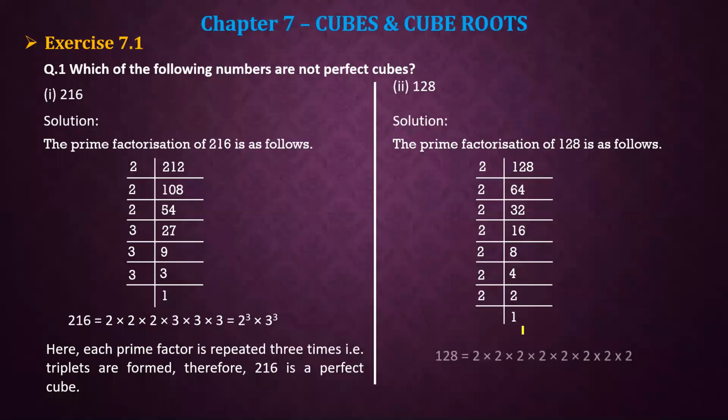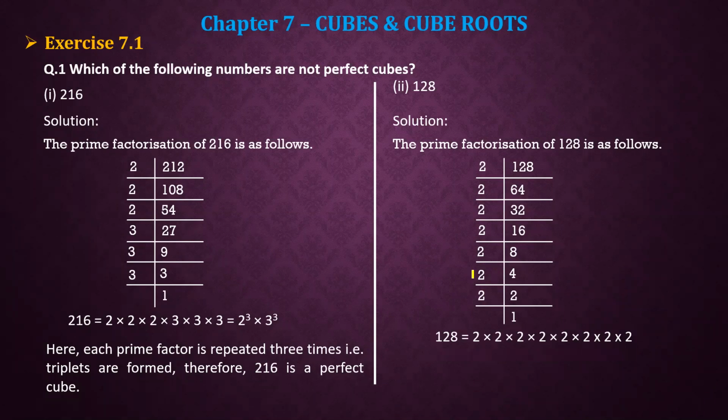Now if we write 128 in the form of prime factors, we are going to use all the prime factors. Here the 2 is repeated 7 times. Okay, so here by mistake one 2 is additional. It is repeated 7 times.